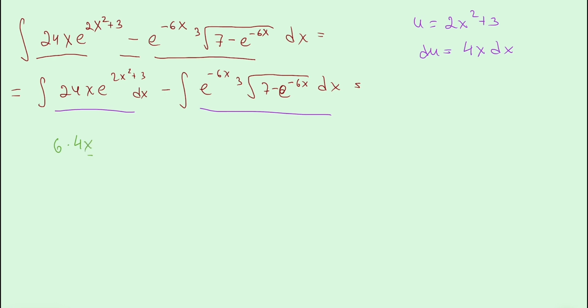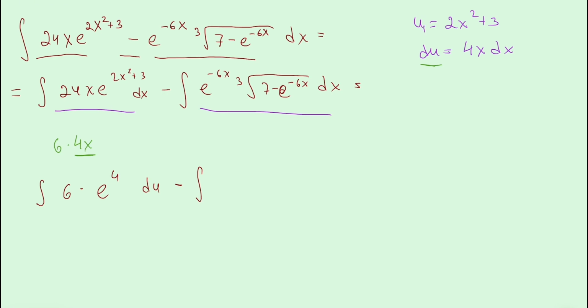So 4x is our du. Therefore, we could apply the u du here, and we will get 6 times, now let's have the du written at the end, we're going to have du here. And then e to the 2x squared plus 3 would be equal to e to the u. There you go.